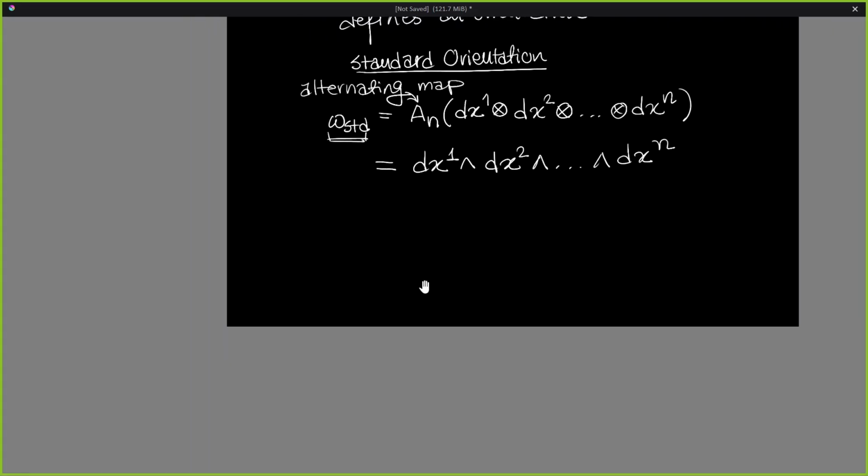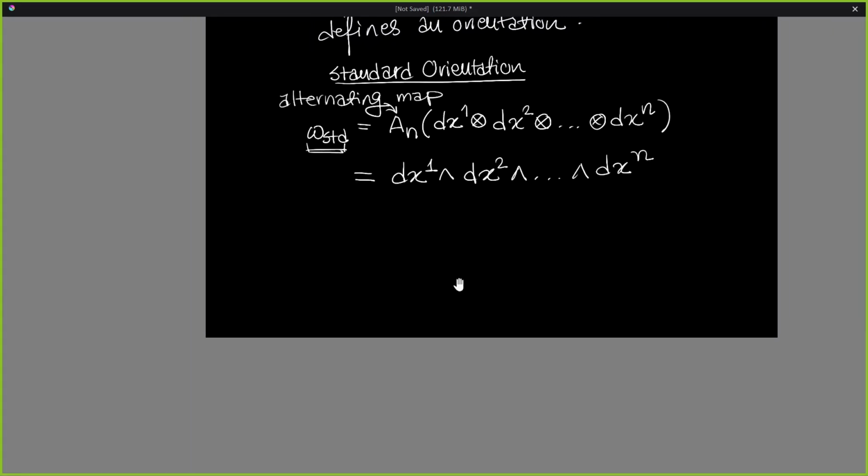Okay, so the only way we can reverse the orientation is by having a transformation where det of T is less than 0. There's a case where det of T is equal to 0, but this is degenerate, and for any well-defined manifold, this will not exist.